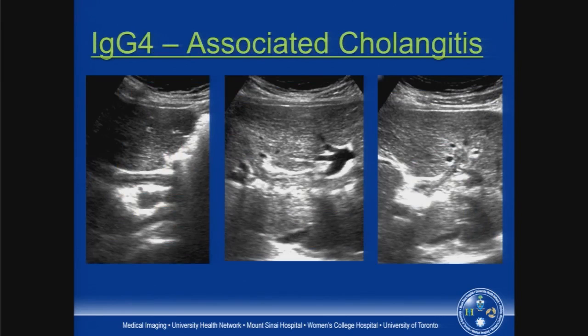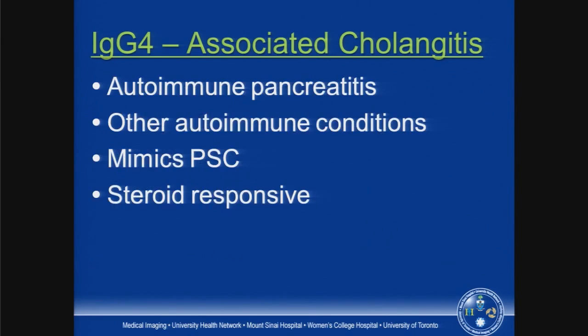Another condition to be aware of is IgG4-associated cholangitis, and the imaging features can be very similar to primary sclerosing cholangitis, the smooth thickening of the wall of the common duct, and in this case, extending up into the central right and left intrahepatic bile ducts. Be aware of this condition.